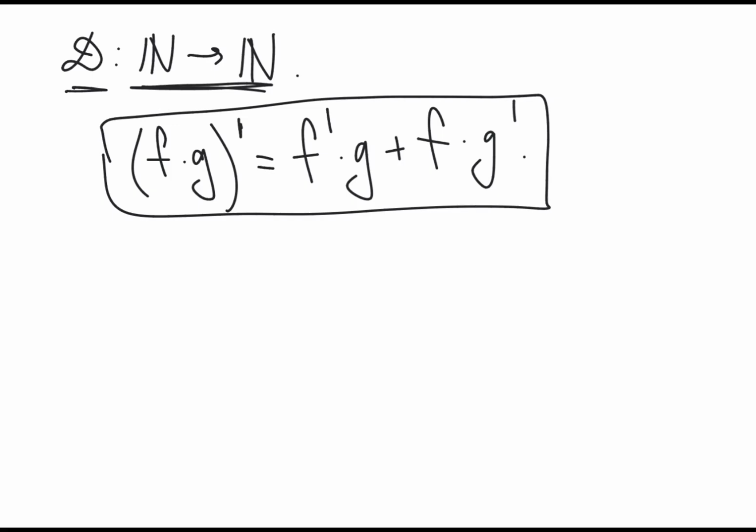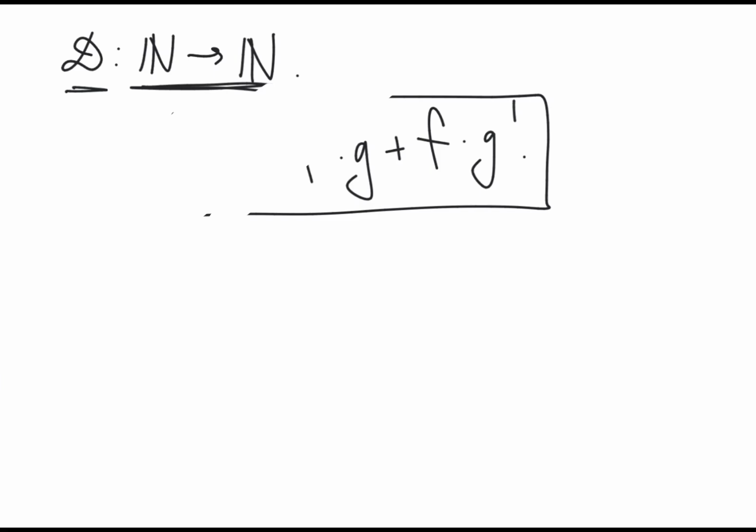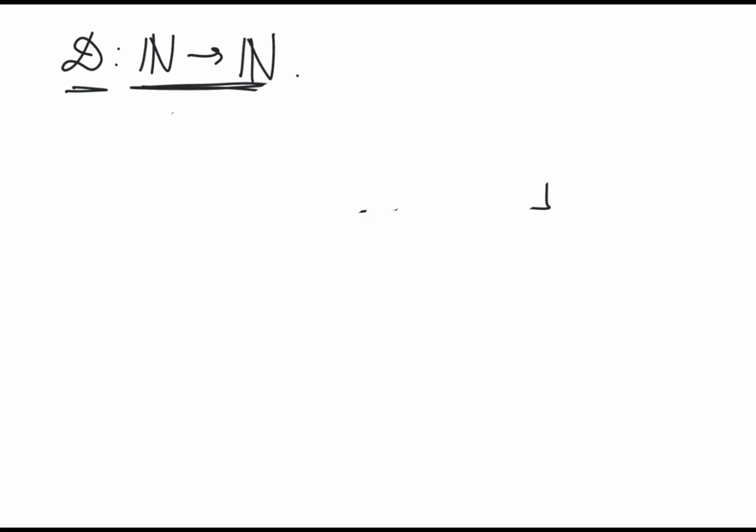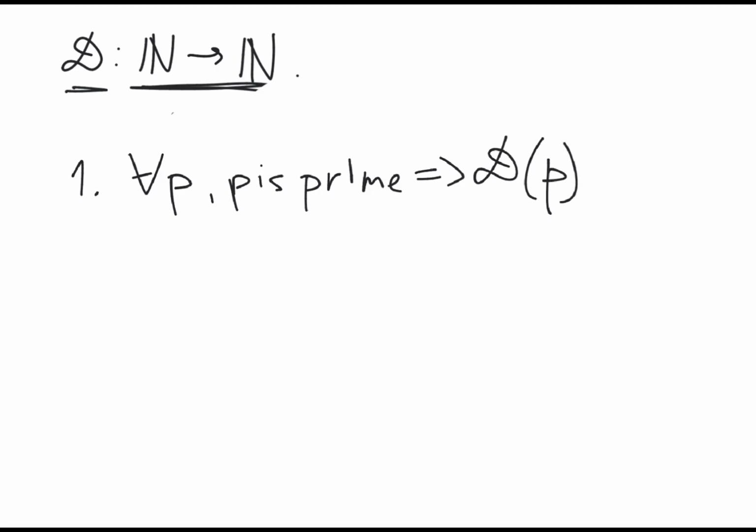So the arithmetic derivative is defined by two equalities. First, for any p such that p is prime, the derivative of a prime number is always 1.